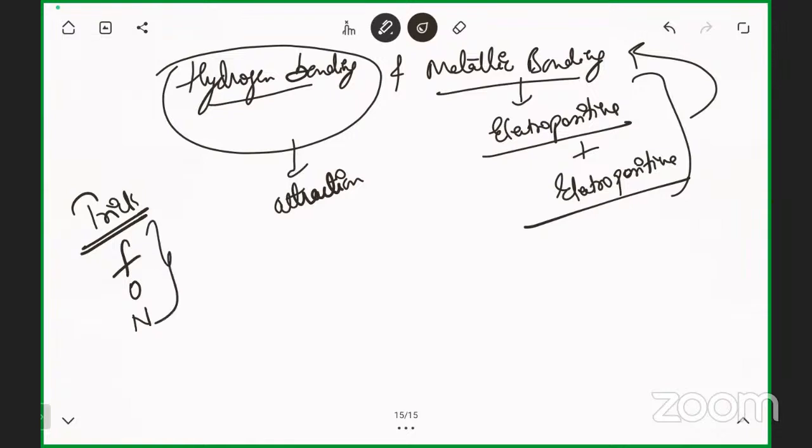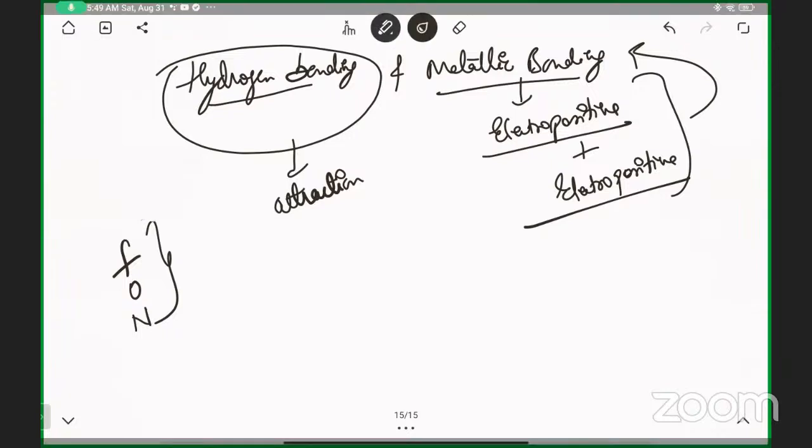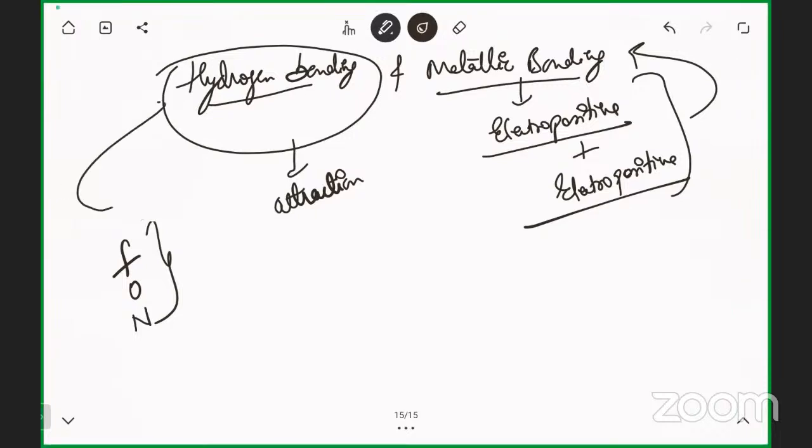It's not a trick, it's simply an identification of whether the compound will show hydrogen bonding or not. If a compound contains fluorine, oxygen or nitrogen and also contains a hydrogen atom, then there's a possibility that it can form hydrogen bonding.